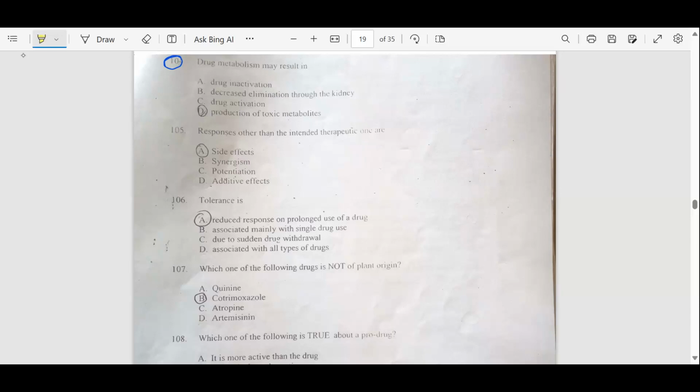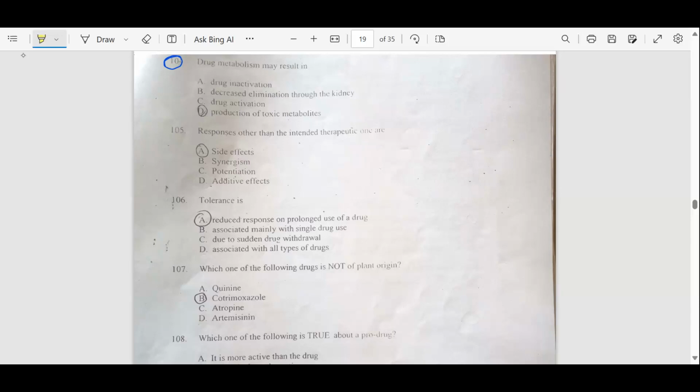Yeah, it decreases elimination sometimes, because some drugs will be conjugated and others will form the second metabolism. What do we call that? Majorly it increases. Glucuronidation. It does increase.